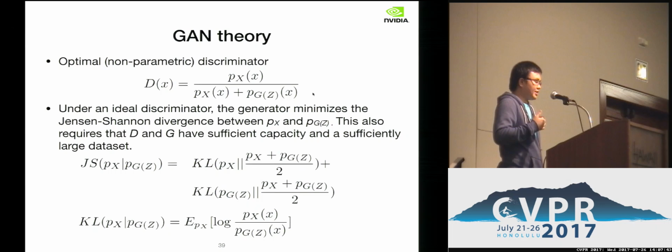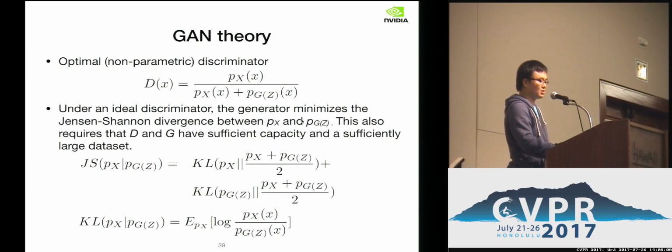When we have an ideal discriminator, so your discriminator really approximates this optimal discriminator, what the generator does is minimize the Jensen-Shannon divergence between P of x and PG of z, the data distribution and the model distribution.